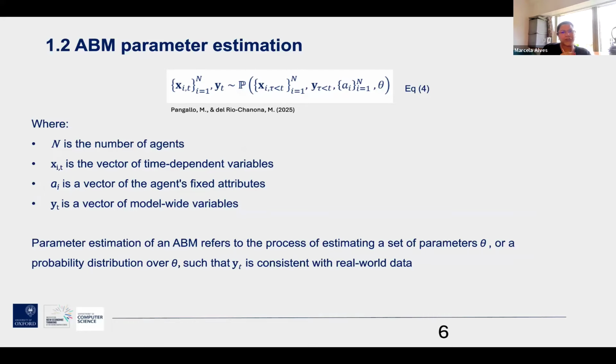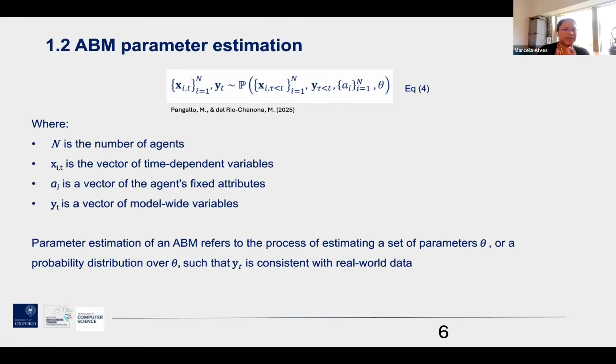When we are dealing with parameter estimation of stochastic ABMs, we are dealing with probabilities, right? What we want to understand is, when we have this number of agents and the vector describing the outputs, how can we get a set of parameters that will better explain this probability distribution?